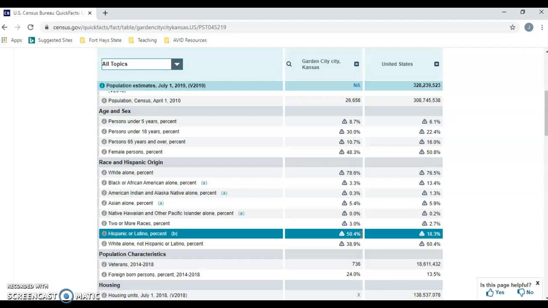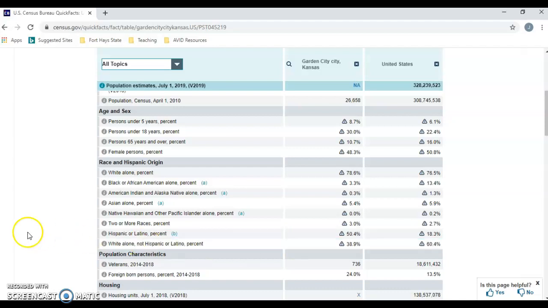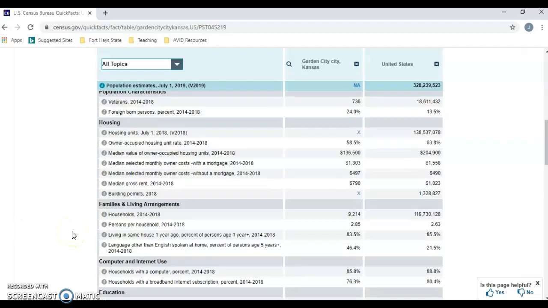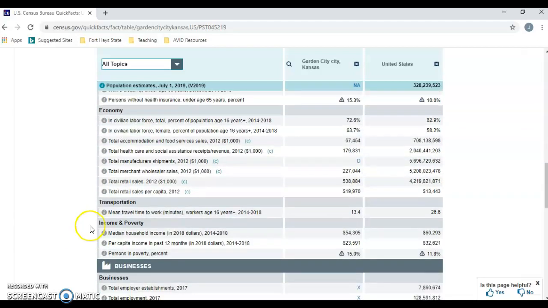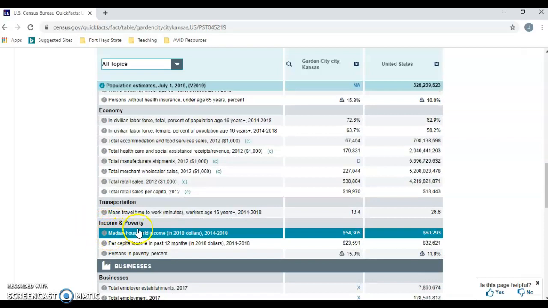Okay. What about the vocabulary word we learned? The median household income for Garden City. So I'm going to scroll and I'm looking for income, health, economy, income. Median household income, and it's stating specifically from 2018, is $54,305.